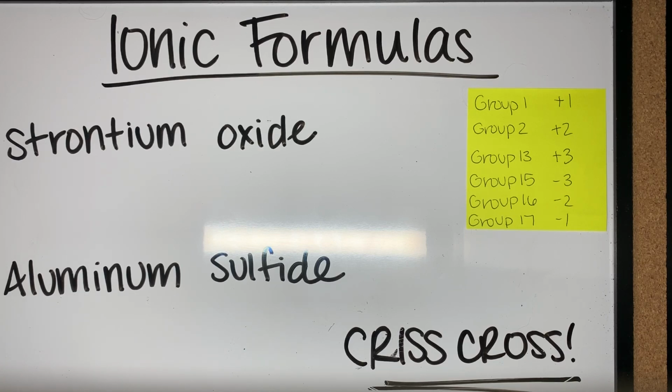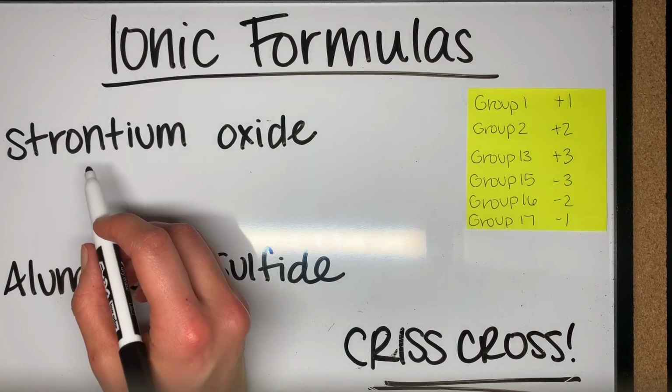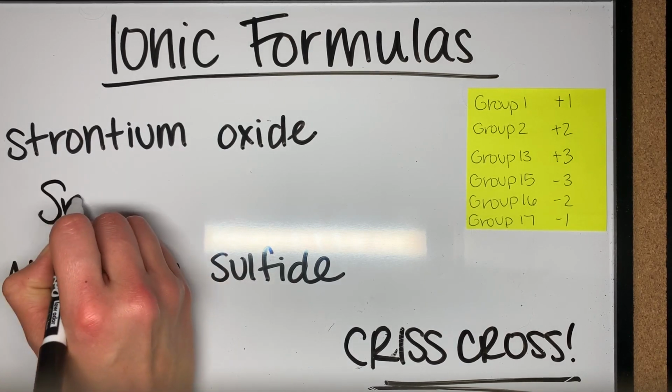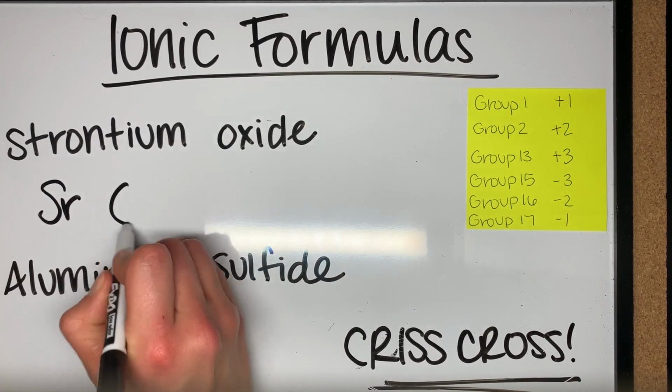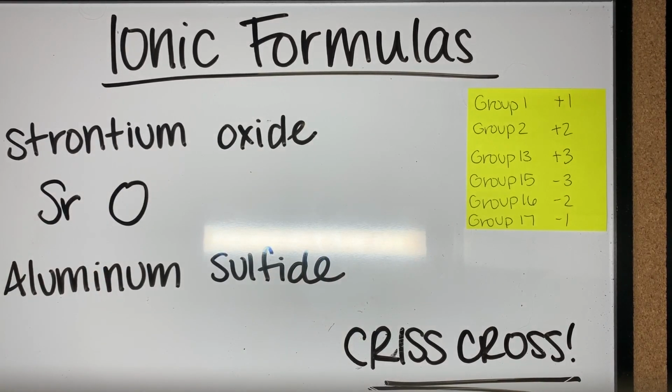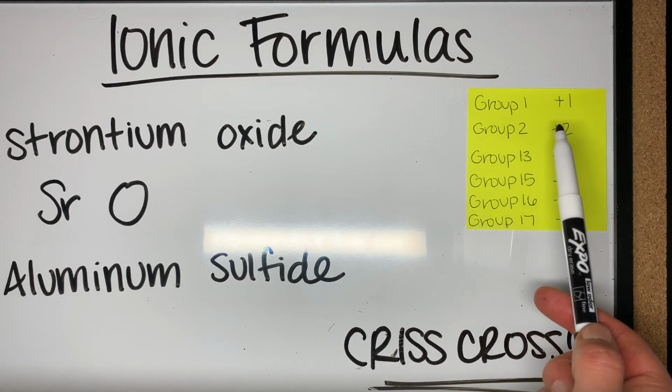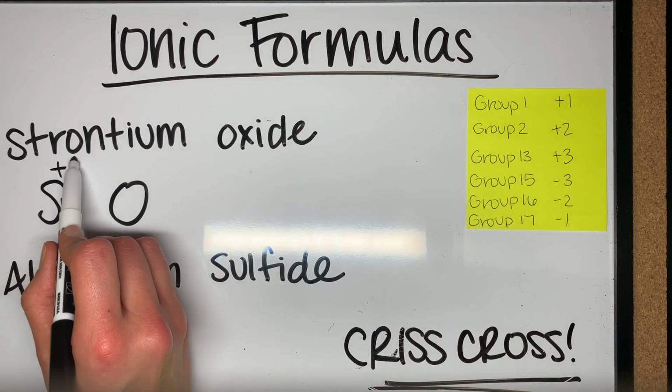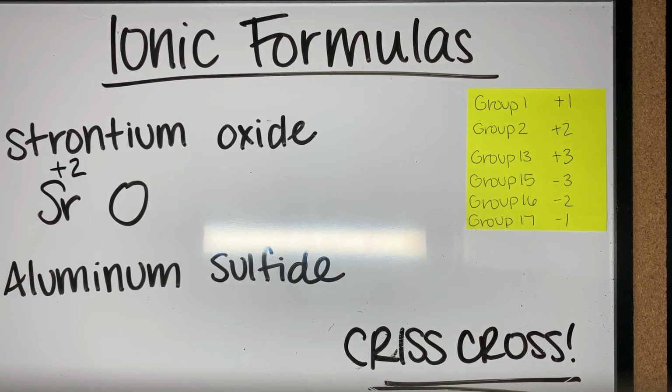For strontium oxide, I'm going to start by writing the symbols for both elements. Strontium I know is Sr, and oxide or oxygen is O. The next step is to figure out the charges for both elements using this trend on the periodic table. Strontium can be found in group 2, meaning it's going to have a +2 charge.